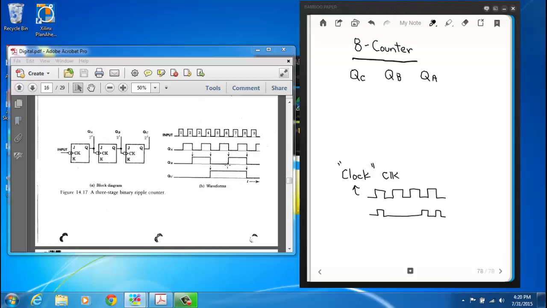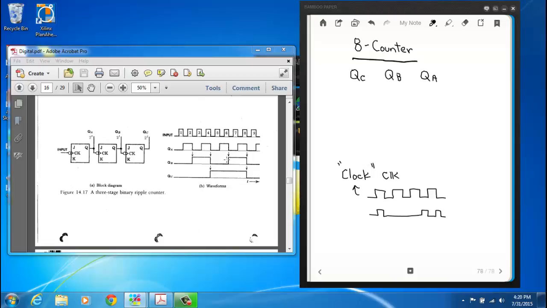For the time we have 2 pulses at QB, we only have 1 pulse at QC. So each one of these JKs in toggle mode is dividing its clock input by 2 in frequency at its Q output. QA is half the frequency of the original input, QB is 1/4 of the frequency of the original input, and QC is 1/8 of the frequency of the original input.